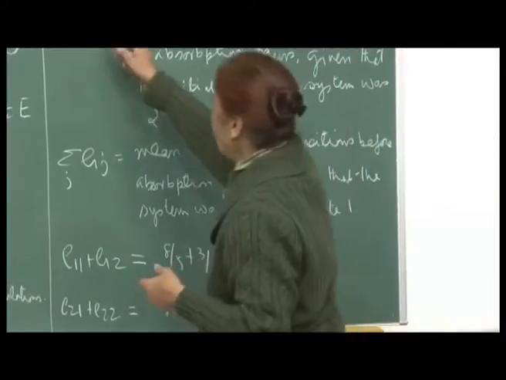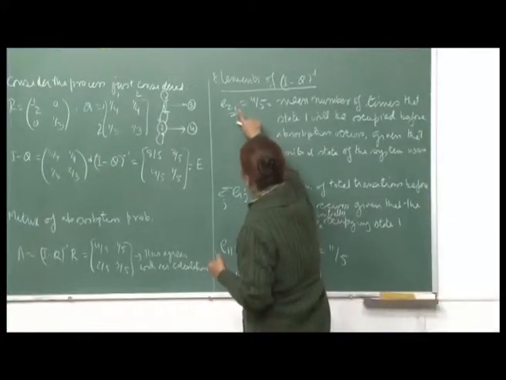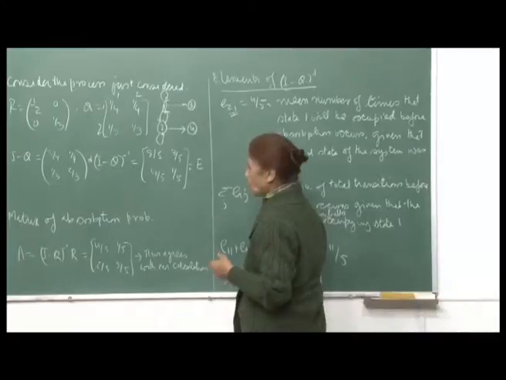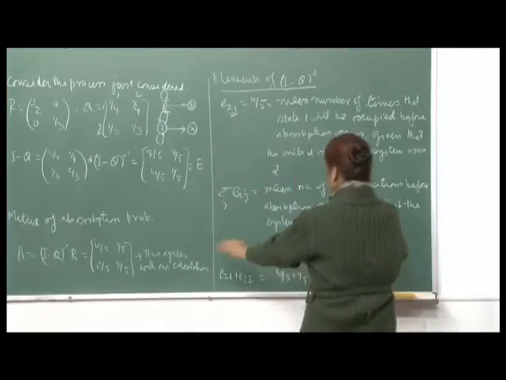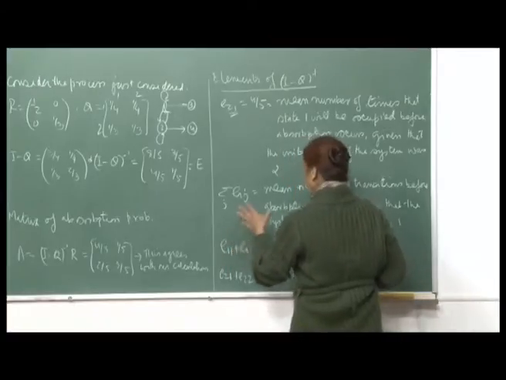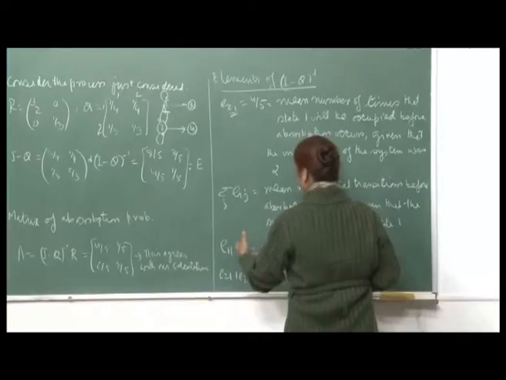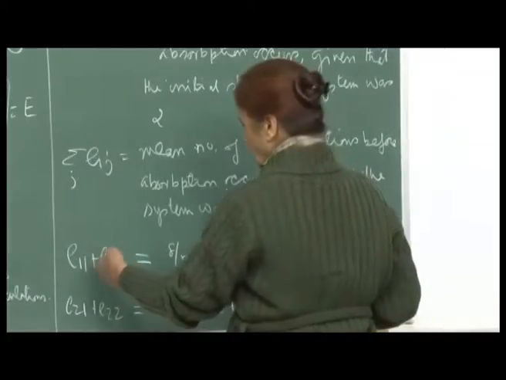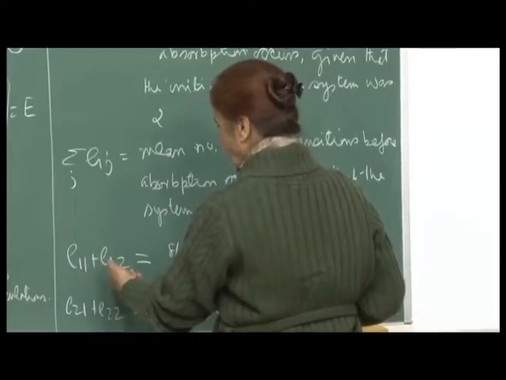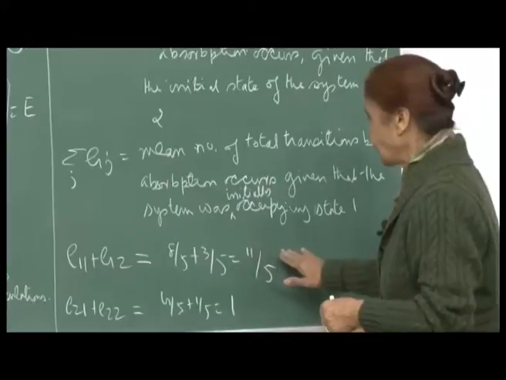Here, this particular element E21 means starting from 2, the mean number of times 1 will be occupied before absorption occurs. Now, you are saying starting from 1, what is the mean number of total transitions which will occur before absorption occurs. It will be E11 plus E12, because either 1 can be occupied or 2 can be occupied before absorption occurs. That will be 11 by 5.